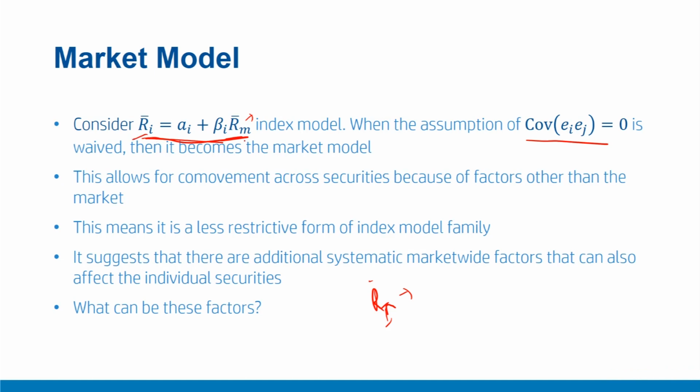The market model allows the presence of these factors and says that there can be possibly these factors which can cause correlation between the error terms, between two errors like Ei, Ej, because of factors like the industry factor, and they may not be on account of the market factor. So this is the market model, a special class of single index model which assumes the covariance between Ei and Ej is not equal to 0. It can be non-zero.